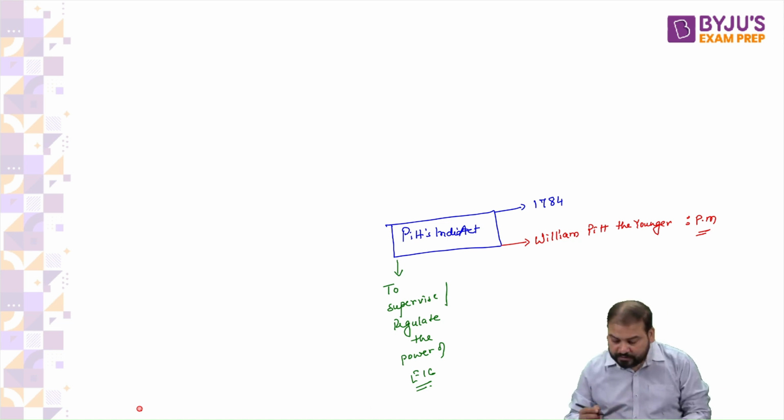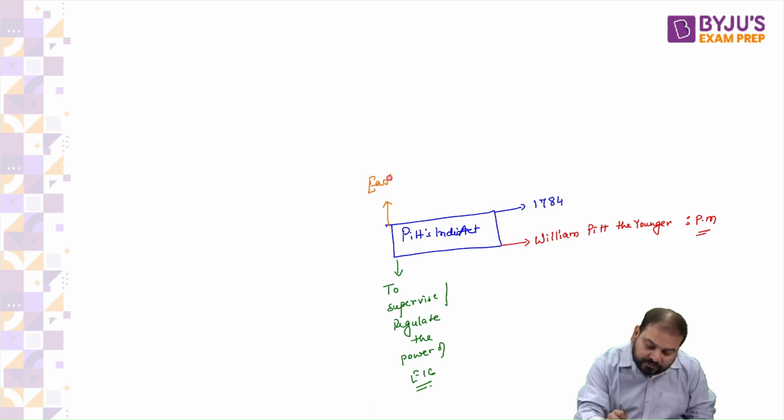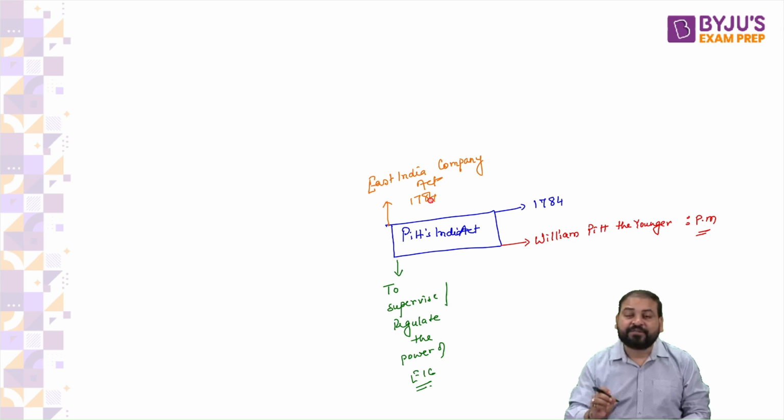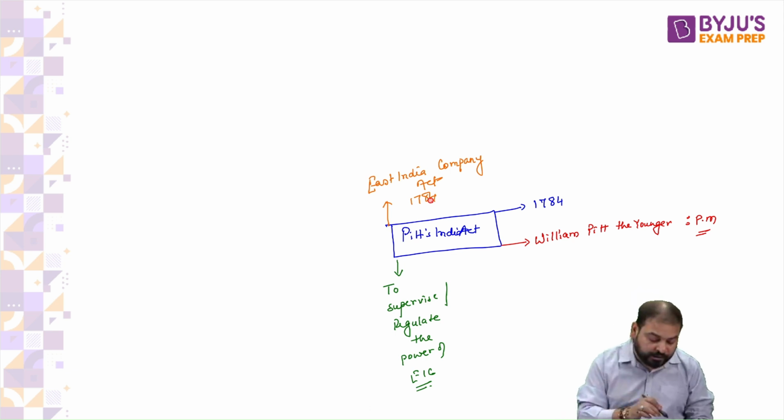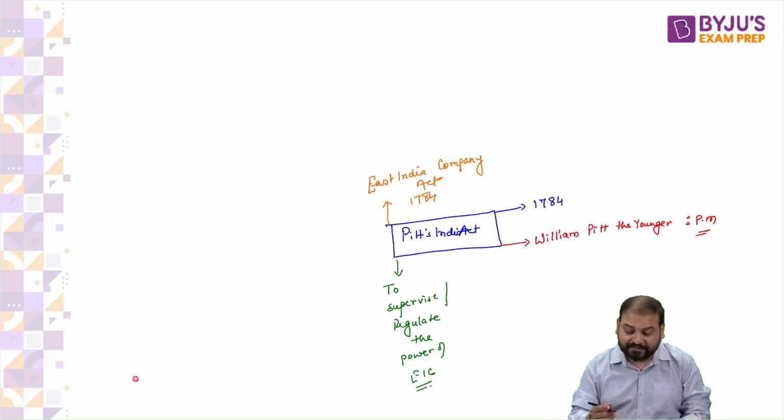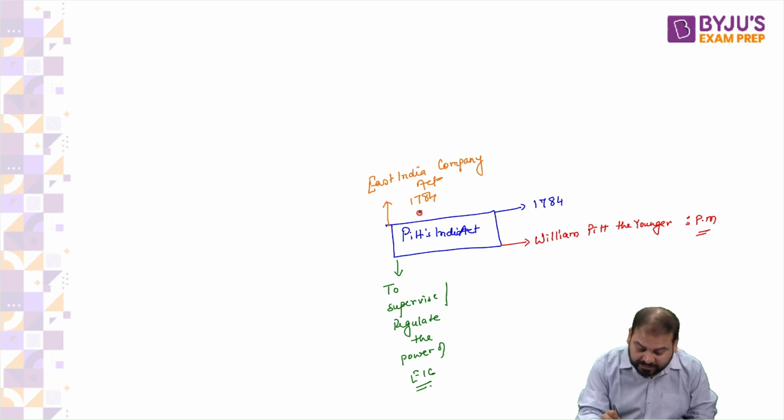Same work. The other name of this law, though it is not that popular, was East India Company Act 1784. But always, Pitts India Act is a much more popular name. The East India Company Act 1784 is much less popular.